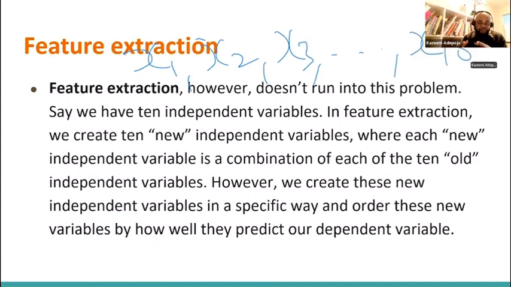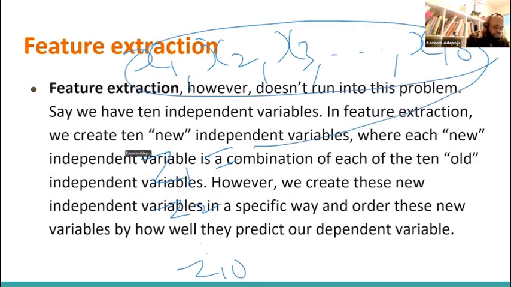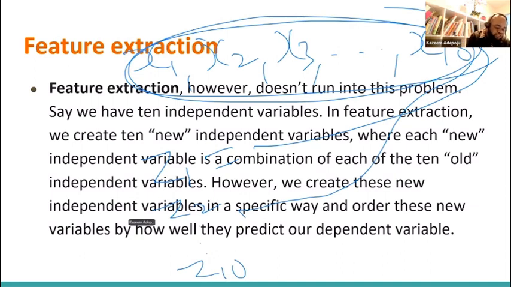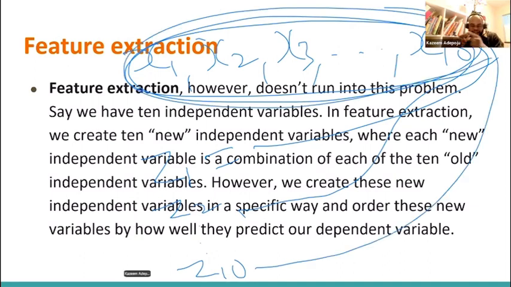And they correlate. Now, in feature extraction, which is what principal component analysis does, I'm going to produce Z1, Z2, up to Z10. Z1 is going to be a combination of the old variables, Z2 is going to be a combination of the old variables, up to Z10, which is also going to be a linear combination of all the old variables. That's exactly what we mean by feature extraction.